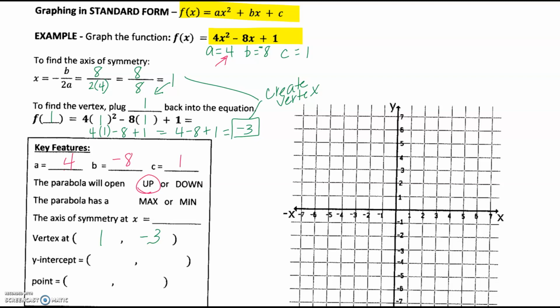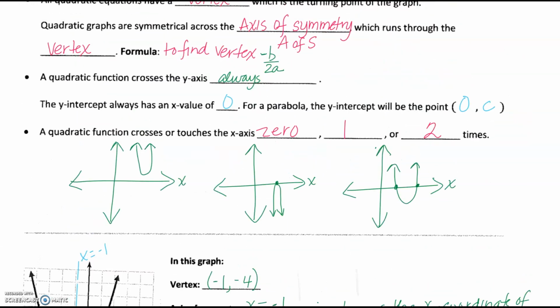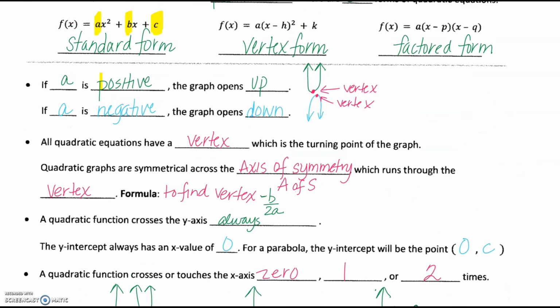That means the vertex is a minimum point. If it's opening up, the vertex is at the bottom, that's a minimum point. The vertex is at the top when it opens down, that's a maximum point.